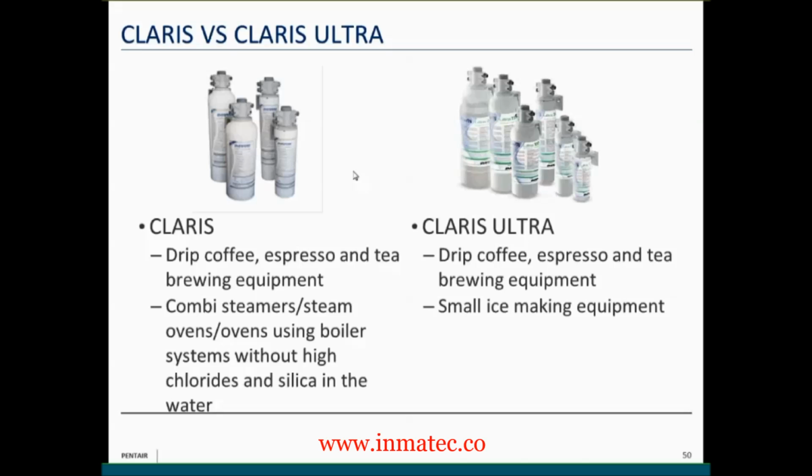Claris Ultra: drip coffee, espresso, tea brewing equipment, and small ice making equipment. And this is because we do not wish to feed phosphate in direct injection steam applications. You could use Claris Ultra on a boiler-based steam application, but boiler-based steamers are few and far between these days.